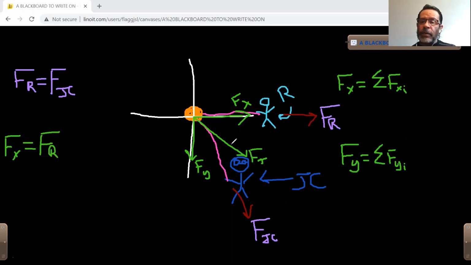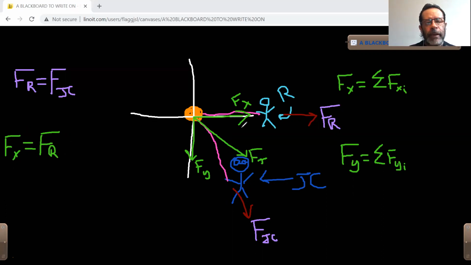But JC, you're pulling downwards, so since you're pulling at an angle, your force has an x component and a y component that contribute to the total force.